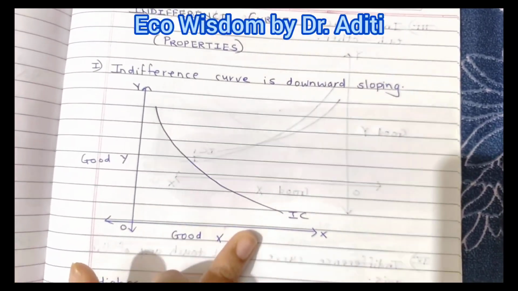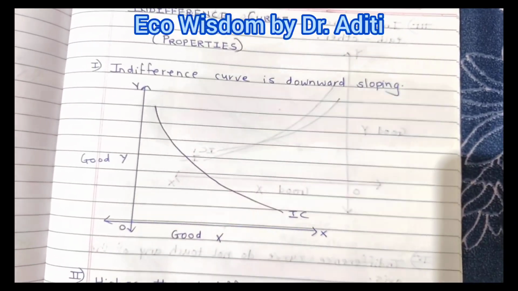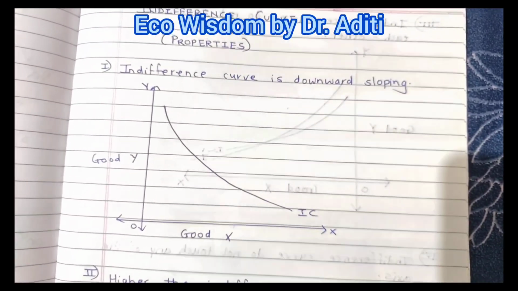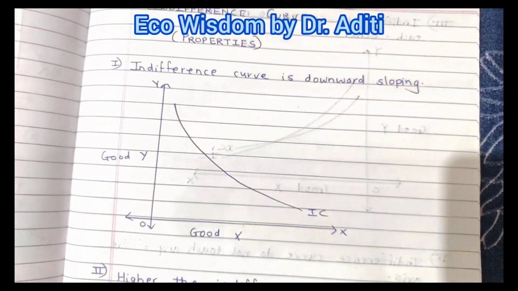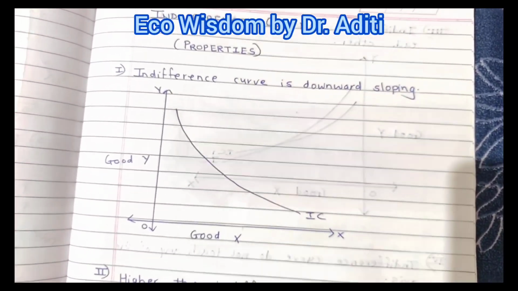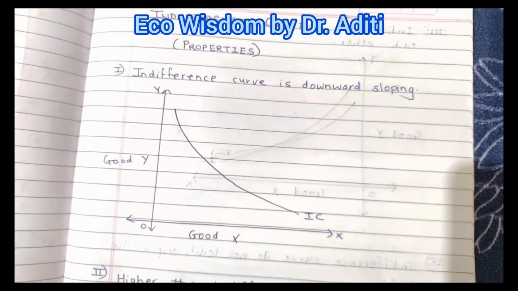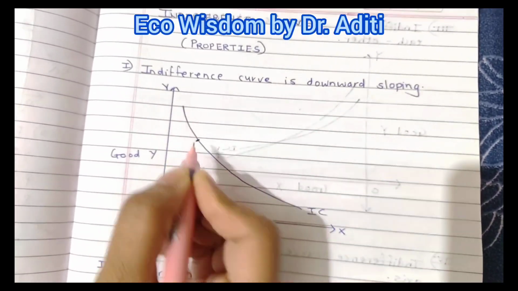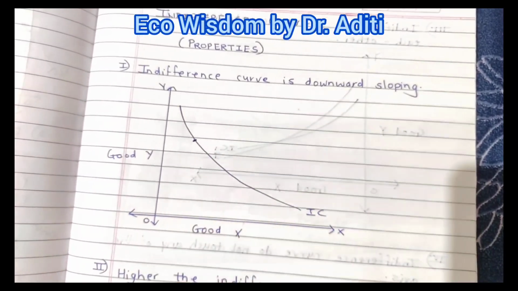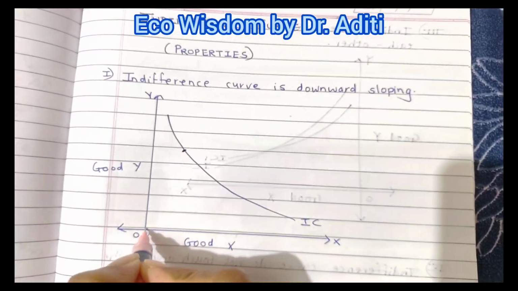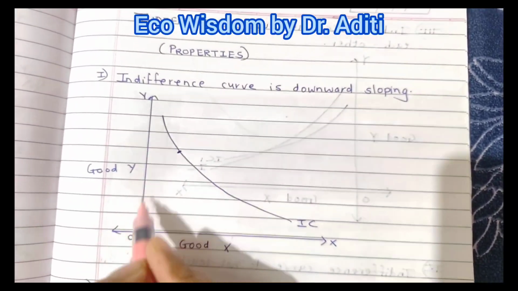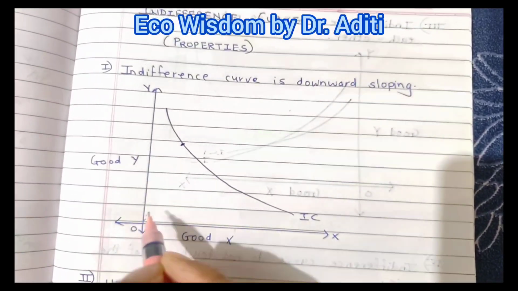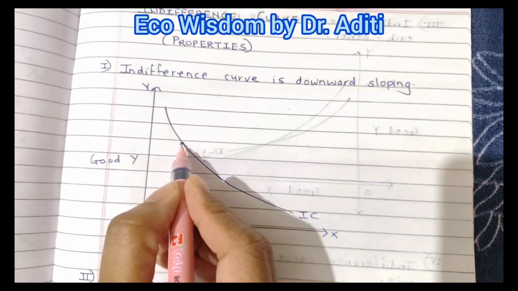So indifference curve has a negative slope basically. So why this negative slope, or why is it downward sloping from left to right? So assume that we are at this particular point on an indifference curve where this much is the good y in a combination, and this much is the x.